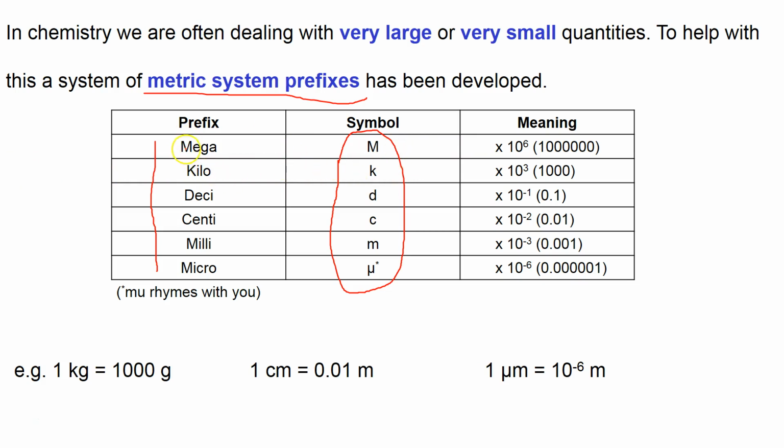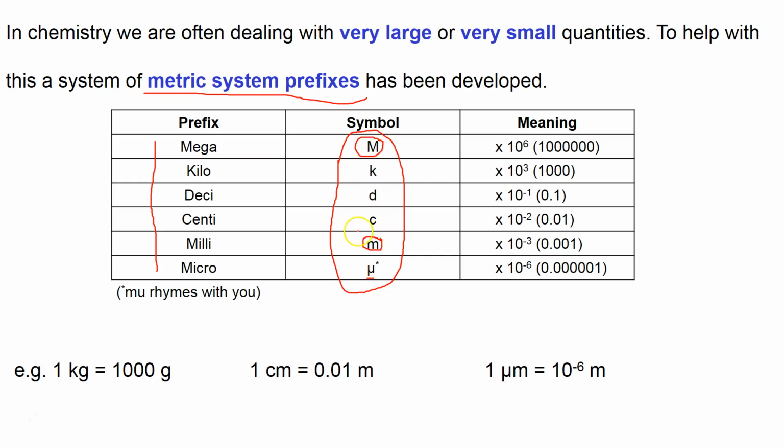So mega has the symbol uppercase M, kilo has the symbol lowercase k, deci has the symbol lowercase d, centi has the symbol lowercase c, milli a lowercase m, and micro has the Greek letter mu as its symbol, which is kind of like a U with an extended edge on the left hand side. So the case is important, particularly with milli and mega.